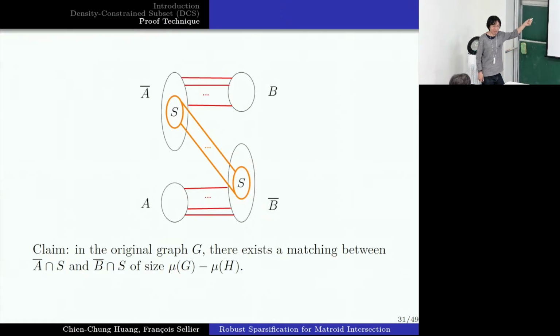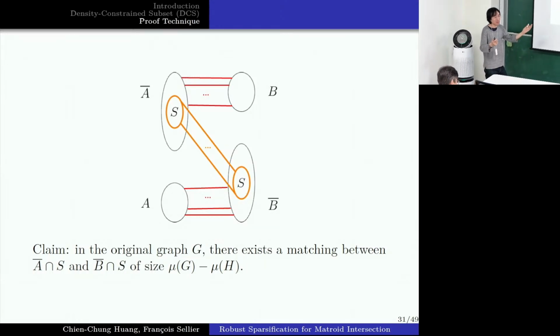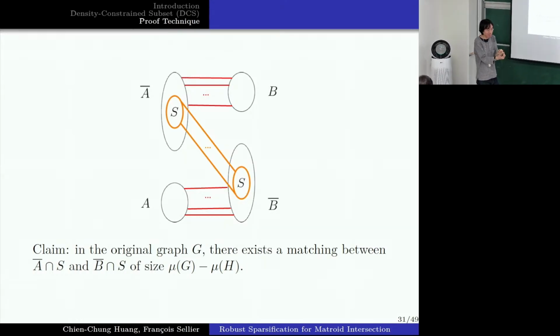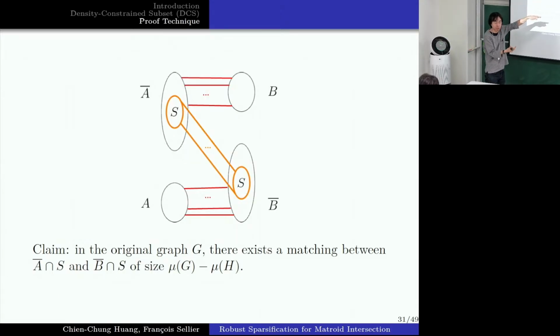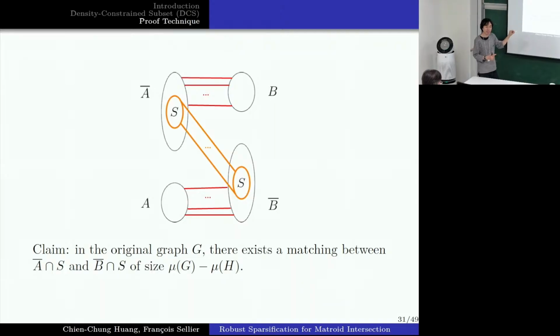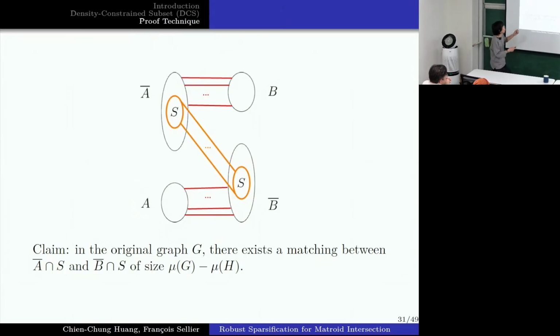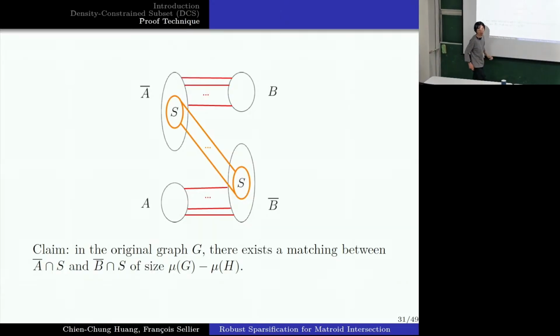It shouldn't be hard to prove, if someone has taken my course last year in summer school. It's well known that you're starting with your matching, the red one is the matching in H. And if G has a larger matching, it is known that the difference of the two matchings should correspond to a bunch of augmenting paths. And these augmenting paths all start from A bar to B bar.